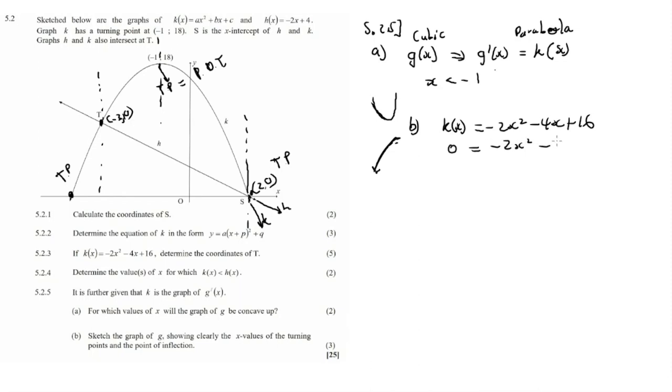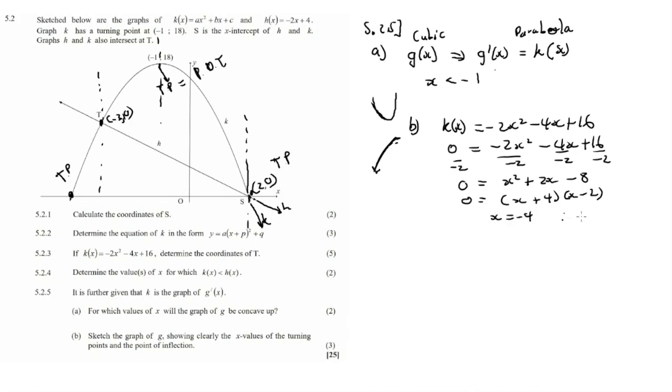I make y equal to 0, and then divide throughout by -2. I get 0 equals x squared plus 2x minus 8. 0 is equal to (x plus 4)(x minus 2), so x is equal to -4. Therefore the coordinates are -4 and 0.